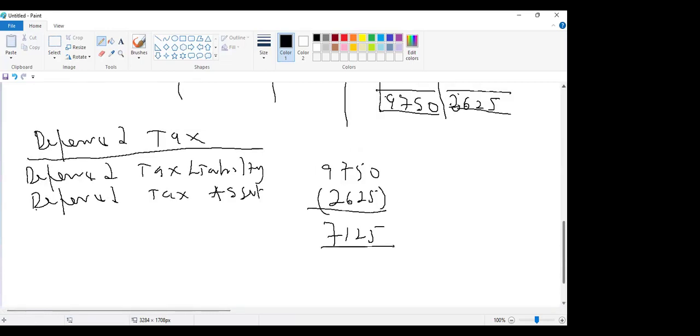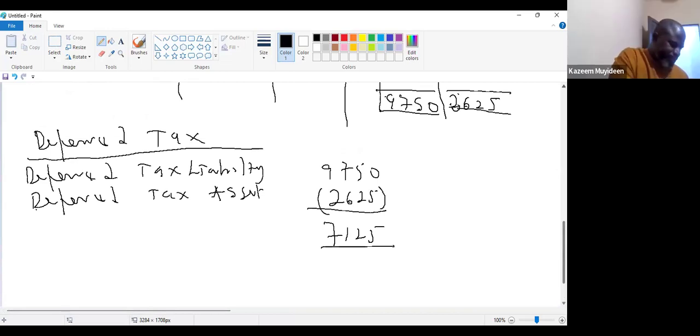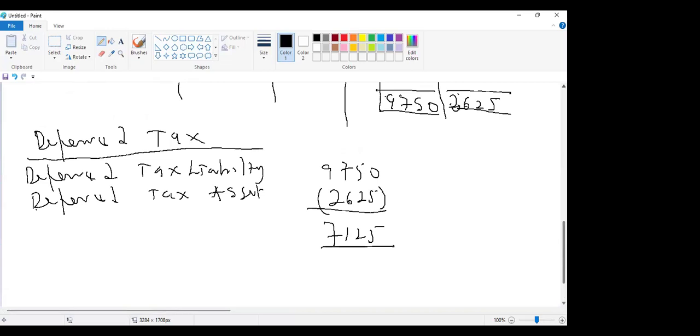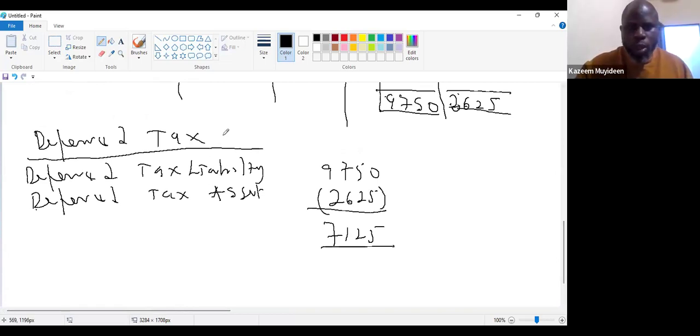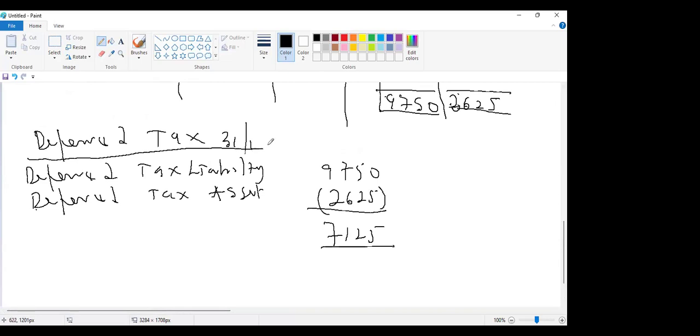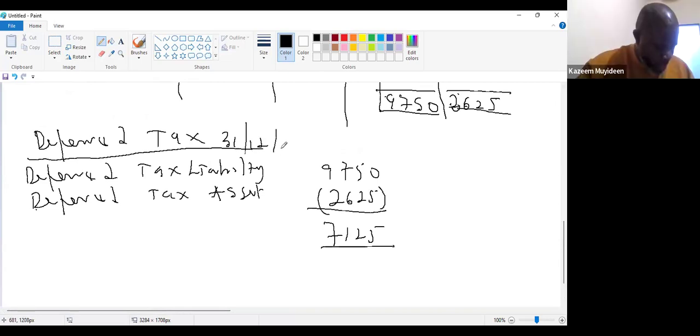Let's go to the requirement now. The requirement is saying calculate the deferred tax provision which is required as at 31st December 2017.